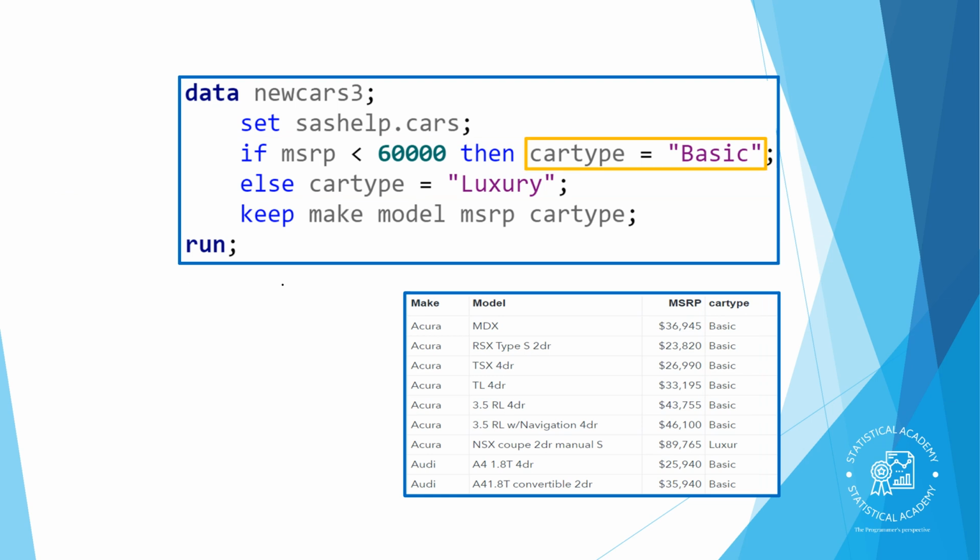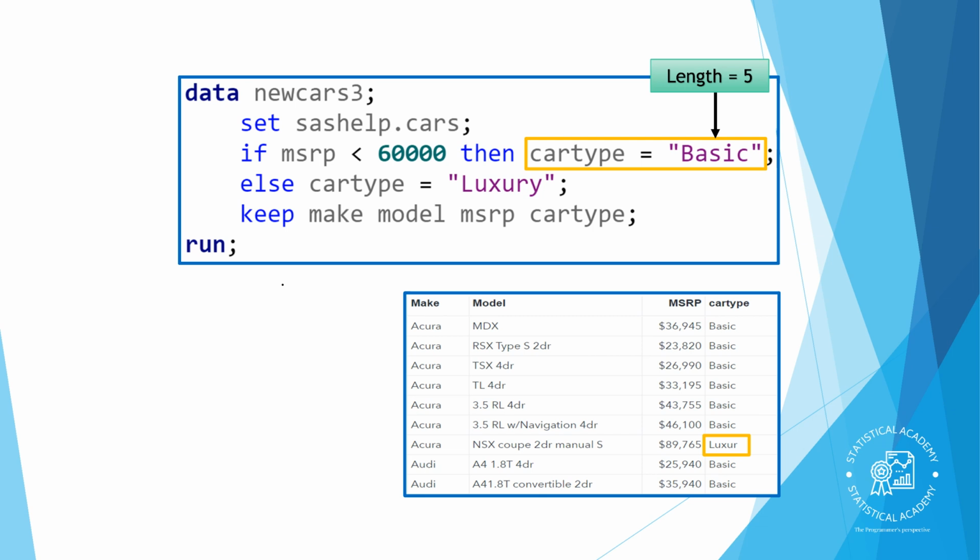It just sees the assignment statement, and as programmed, the first assignment statement defines a character variable and assigns the value basic. So SAS creates a variable named car type with the length of 5, the number of characters in the word basic. You can see in the output dataset, the word luxury is truncated because it has 6 characters.